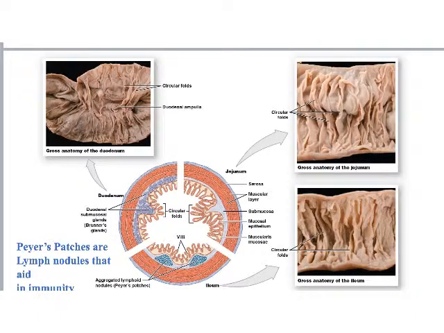So here we're looking at the duodenum cut open, and here's the jejunum, and here's the ileum, and there are just some mild differences there. We do have our 4 layers, as always: the mucosa, the submucosa, the muscular, and the serosa, and you can see these circular folds here and the villi.